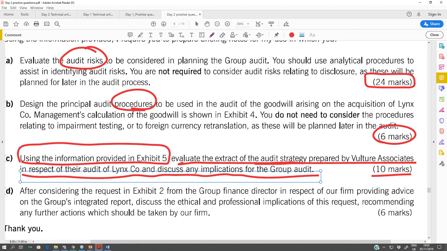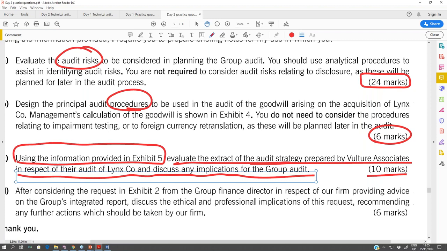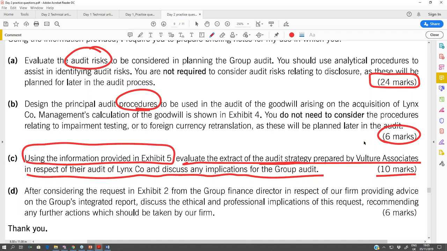Now we are the group auditor in this question. Links is a subsidiary of the group, and we are not the auditor of Links, but someone else is, and the name of the auditor for Links is Vulture Associate. So Vulture is doing the audit of Links. We know that this is known as a component auditor. So Vulture is basically the component auditor, looking after Links.